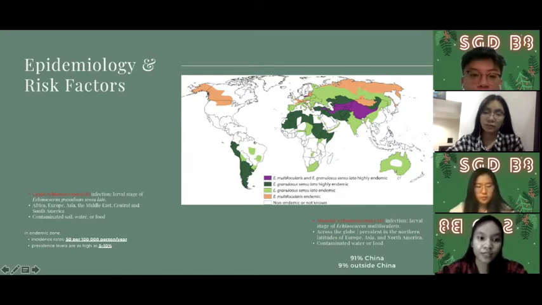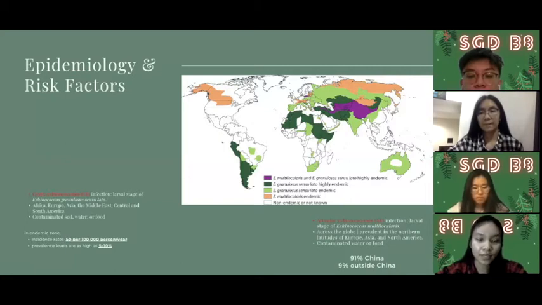The mode of transmission to people is by the accidental ingestion of soil, water, or food. Within the endemic zone, incidence rates of CE in people can pass 50 per 100,000 persons per year, and the prevalence levels are as high as 5 to 10%, which happens in parts of Argentina, Central Asia, China, East Africa, and Peru. Next will be explained by my friend.